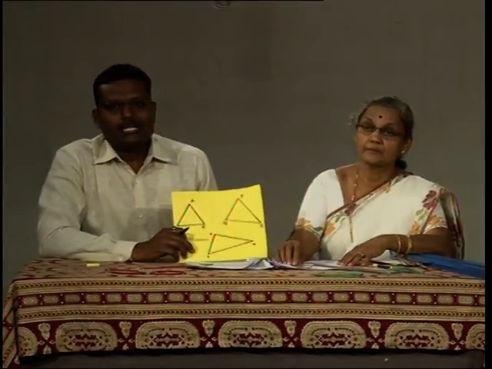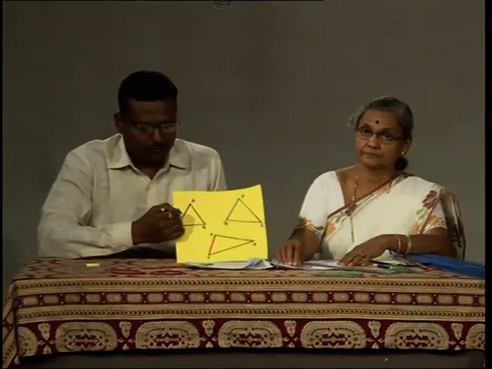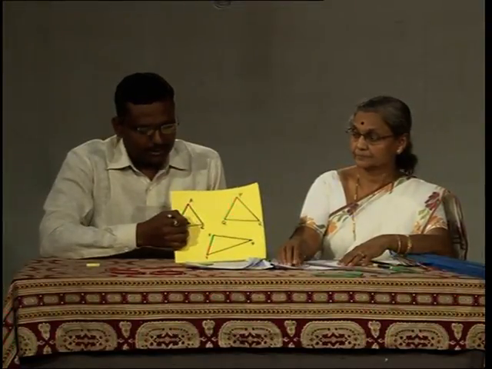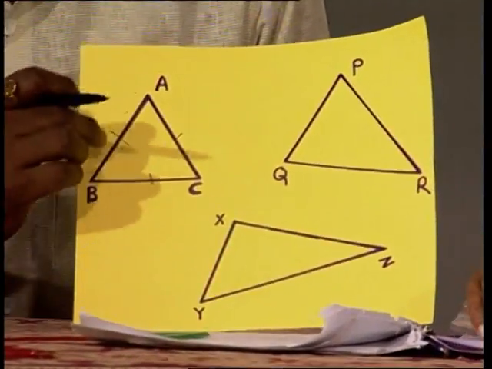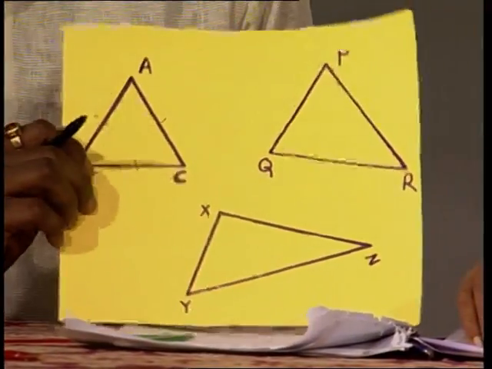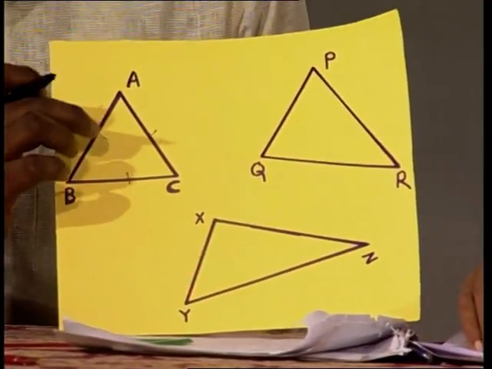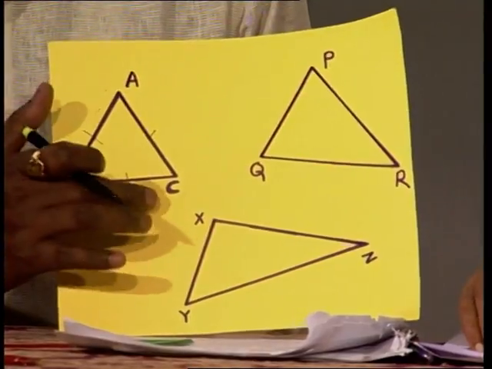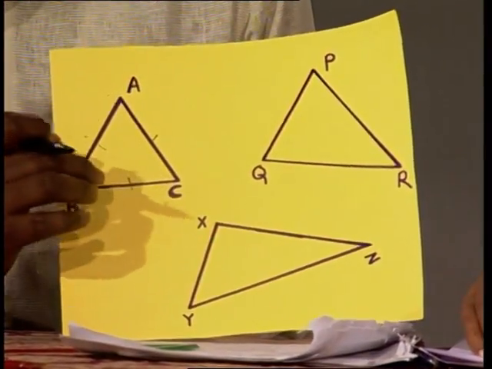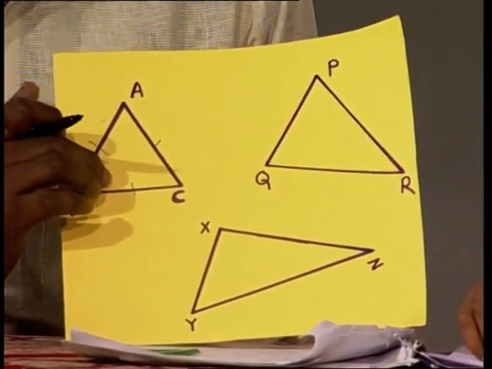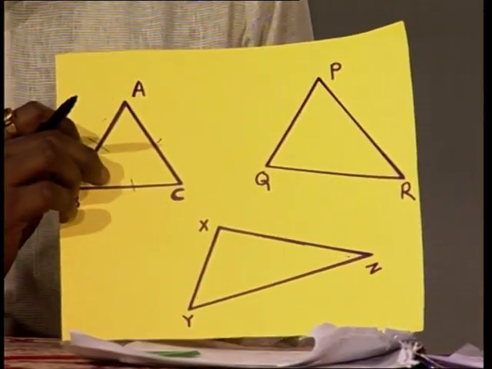Therefore, it should have a different name because it is a property of this triangle. When all sides of a triangle are equal, we call it an equilateral triangle. I am noting a single line to show the sign of equality, meaning AB, BC and AC are of equal measure. Therefore, this triangle is called an equilateral triangle.